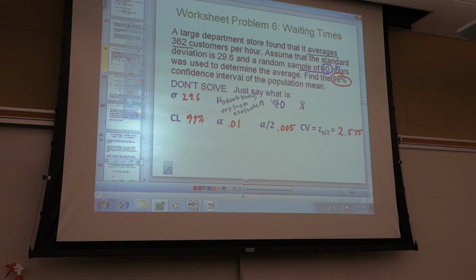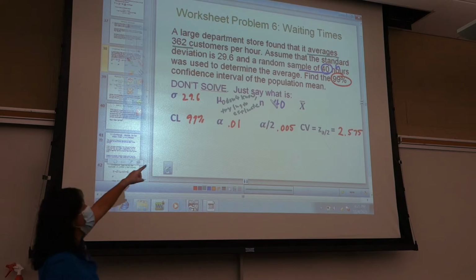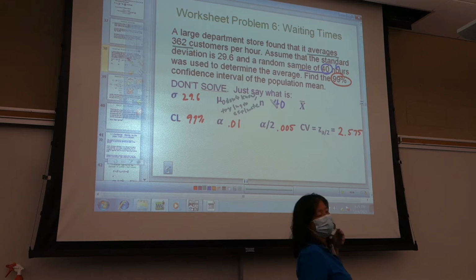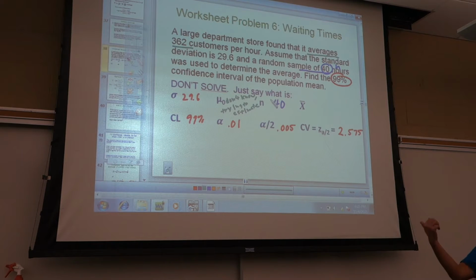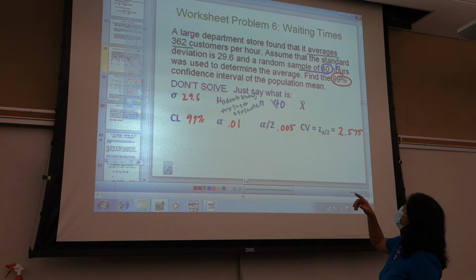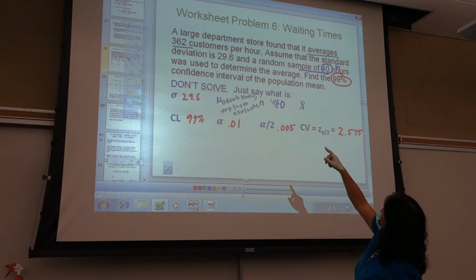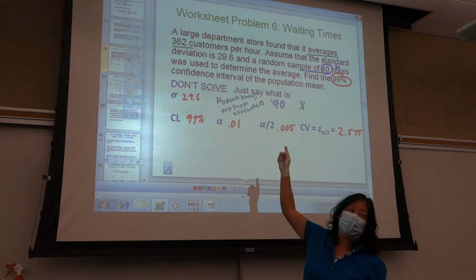I put that in there on purpose so that you folks will realize that's what a confidence interval is. We're trying to estimate our population mean or our population proportion. This being a mean problem, it's going to be a population mean. So the first part says averages 362 customers. A random sample of 40 was used to determine the average.